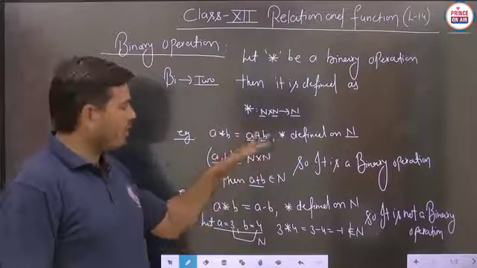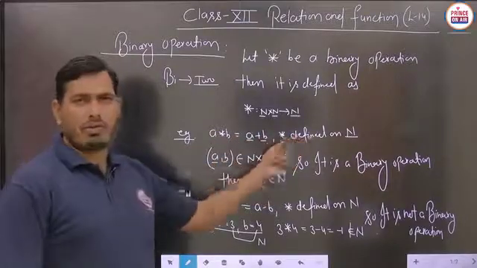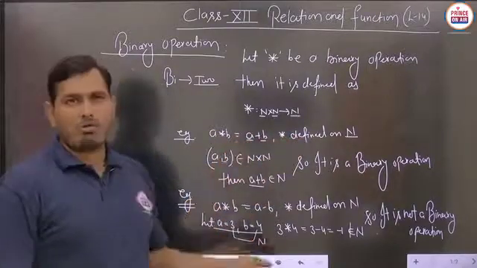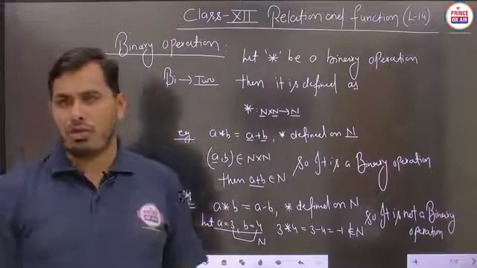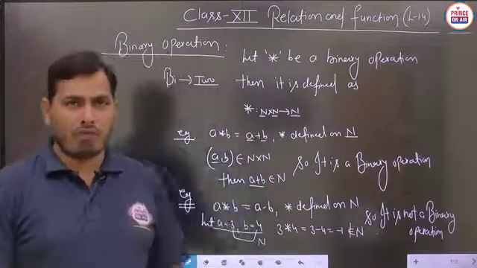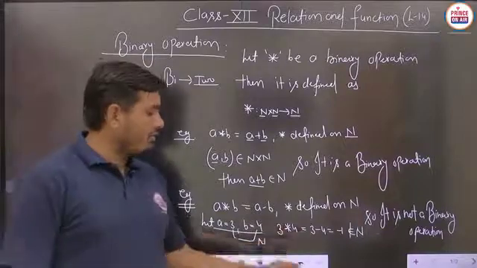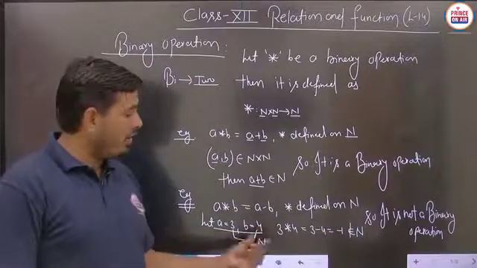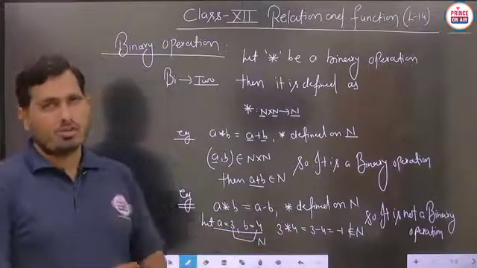If for every pair of numbers taken from the given set the answer also lies in that set, then it is a binary operation. Otherwise, if even one case is not included, then it is not a binary operation.